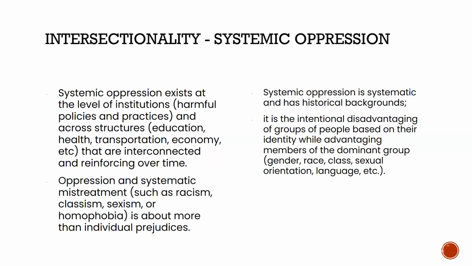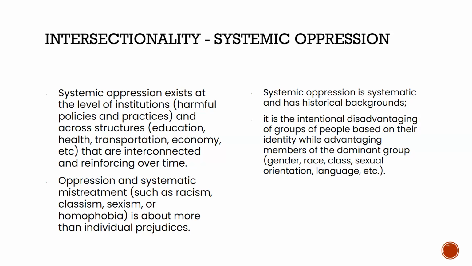So when we are looking at the previous slide with that diagram where we are trying to understand systemic oppression, we can start off by saying systemic oppression exists at level of institutions, right? Harmful policies and practices and across structures, which can be education, health, transportation, economy, that are interconnected and reinforced over time.